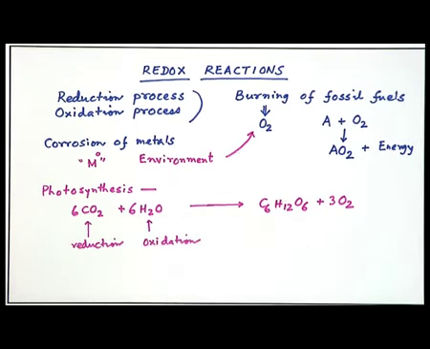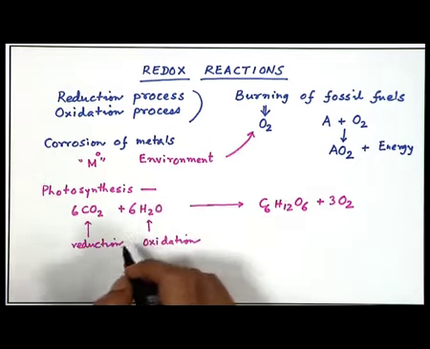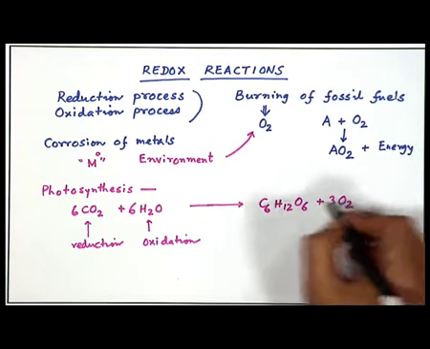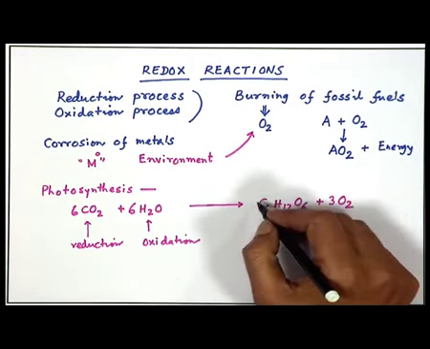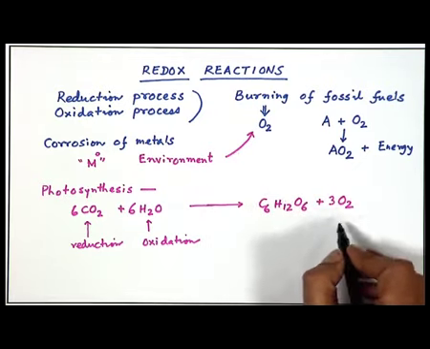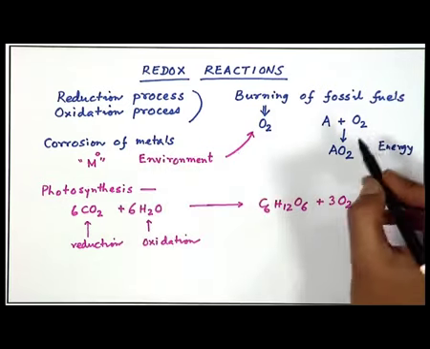So, in this very simple process of photosynthesis, both oxidation and reduction reactions are involved, forming an energetic molecule, the glucose molecule, which can give rise to carbohydrates, our main source of energy.